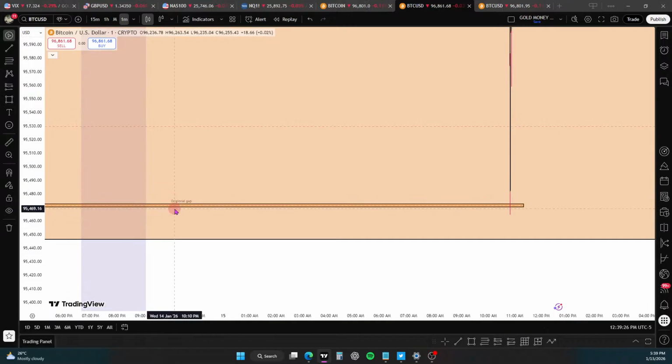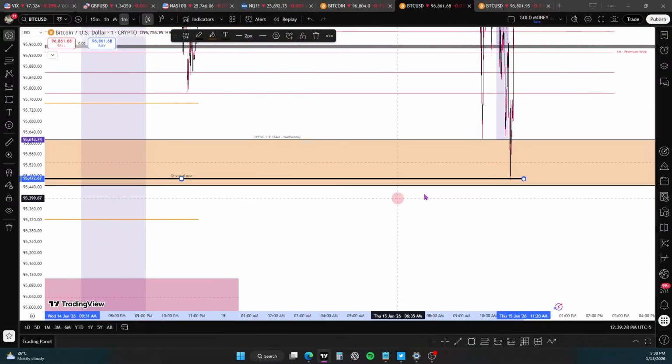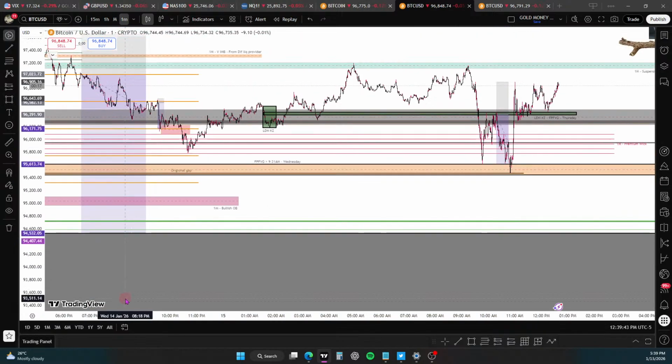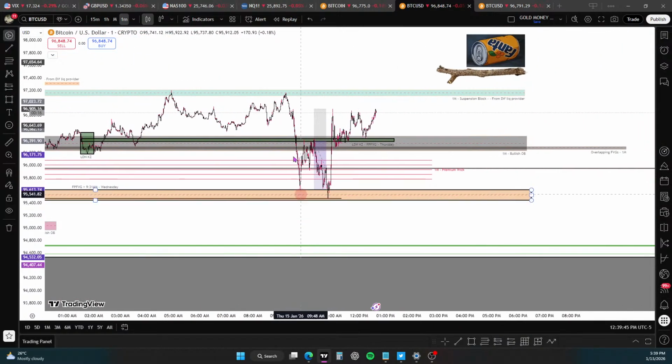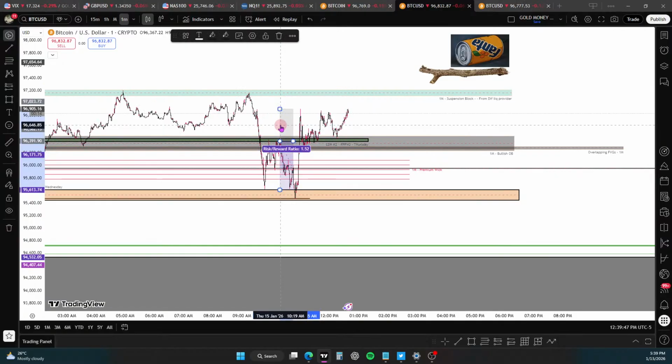So to be honest, you've got your confluence right there, and you don't need consequent encroachment on that because maybe this was more important, and then you could have gone from this into the consequent encroachment. So you could have gone from this into there, and then put your stop at break even once you hit this level. Crazy. Some people are actually scalping like that. It's mad. This is just a 1 to 5.